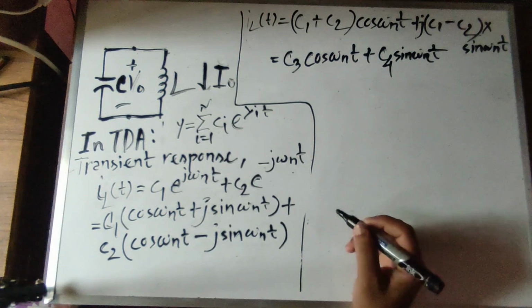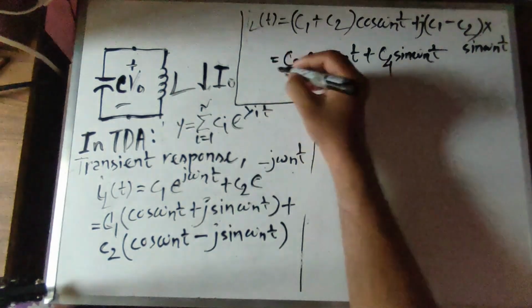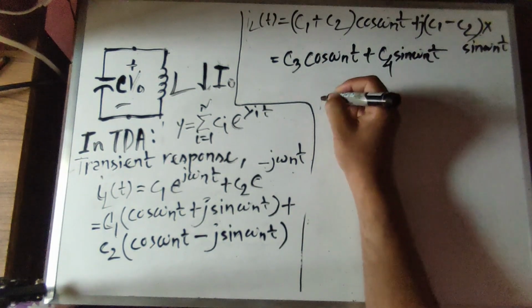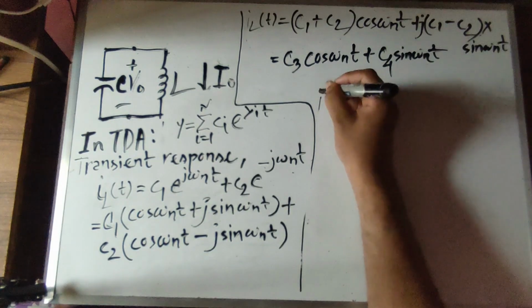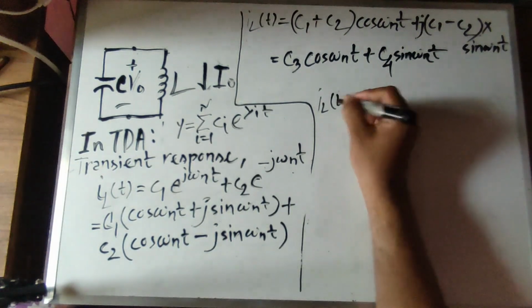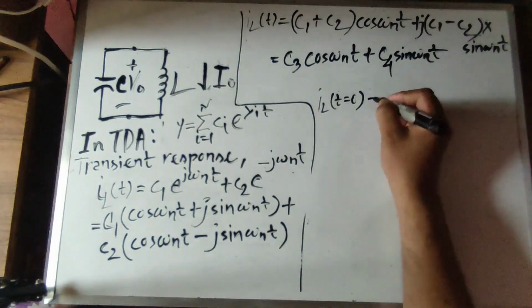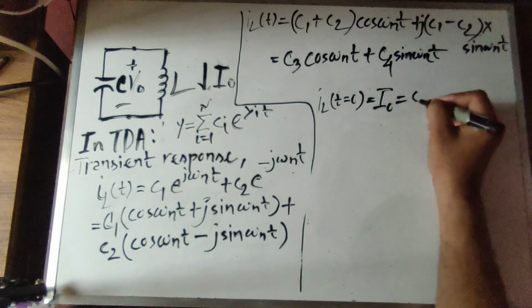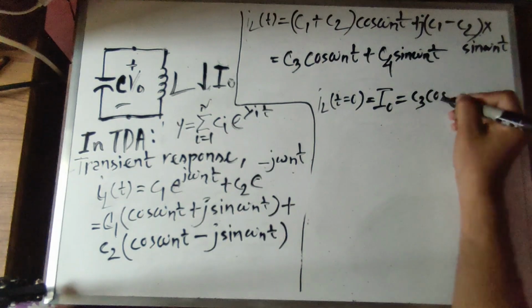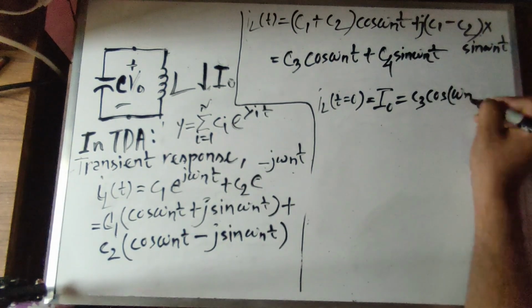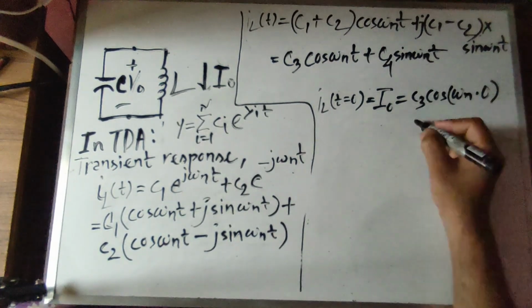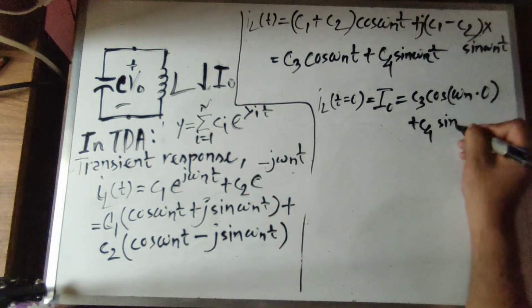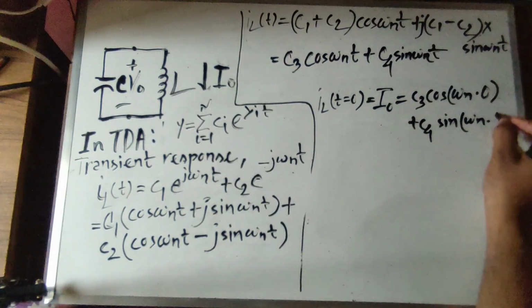So IL at t equals 0, the initial current, equals C3 cos omega n dot 0 plus C4 sin omega n dot 0.